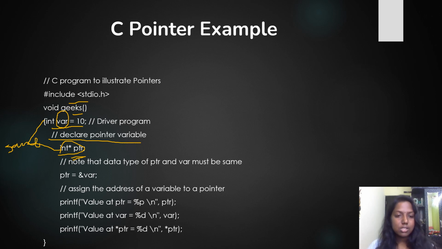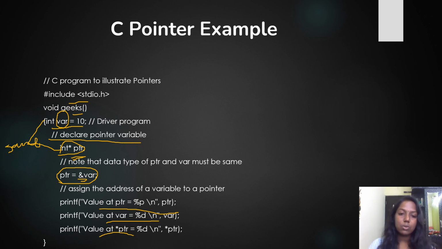Now we assign the address, as we all know, & assigns the address to the ptr. Now we print the value at ptr, the value at var, and the value at the pointer.